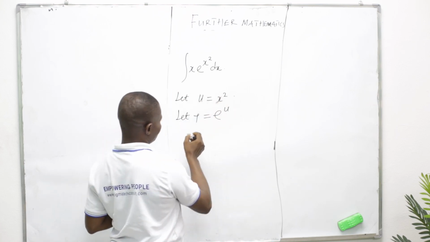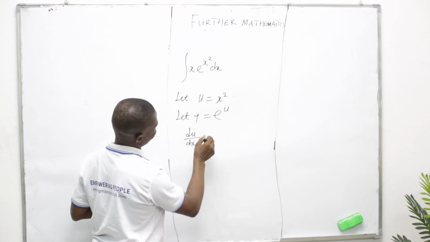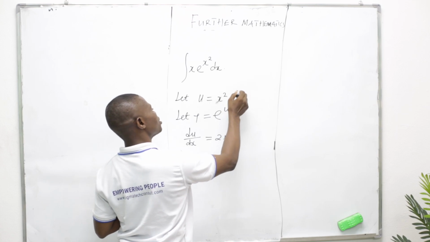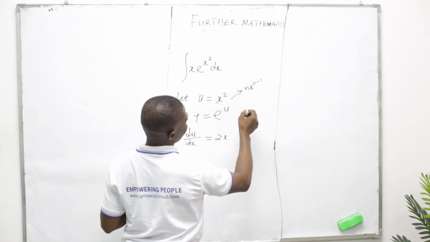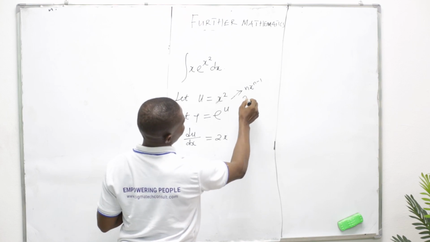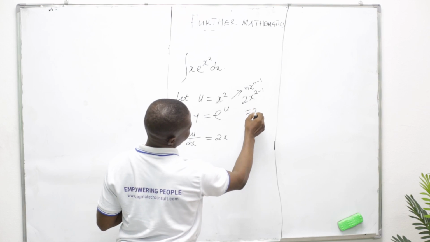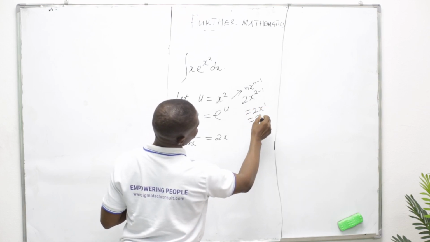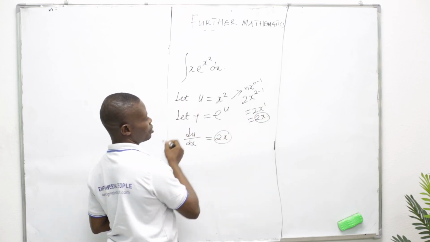The first thing you have to do, du all over dx equals what? 2x. If you use the differentiation formula, you will get that n x to the power n minus 1, the power 2 into x, 2 minus 1, to give us what? 2x to the power 1. In indices, anything raised to power 1 remains that, meaning 2x. So this is it.